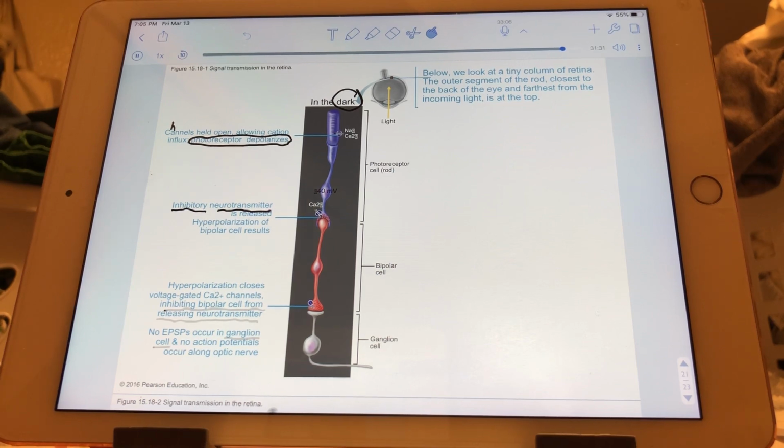Okay? Bipolar cell is not going to release its neurotransmitter, and therefore it is not going to generate an excitatory action potential, which is a little redundant. All action potentials are excitatory in a ganglion cell. So no vision, no sight, if you will.